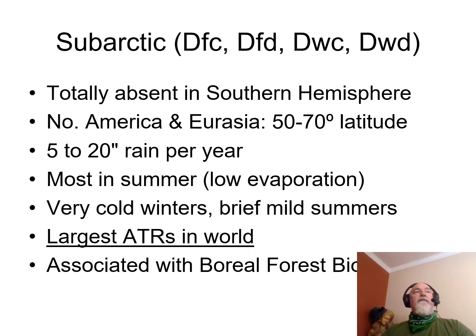You're going to see quite a bit of difference between the average summertime temperature and the average wintertime temperature. And it's those wintertime cold temperatures that really account for this being the region in the world with the largest annual temperature range. So this again would be like central Canada or maybe Siberia in Eurasia. Very, very cold winters. So underlined here, largest annual temperature ranges in the world. That's probably important in a couple of weeks.